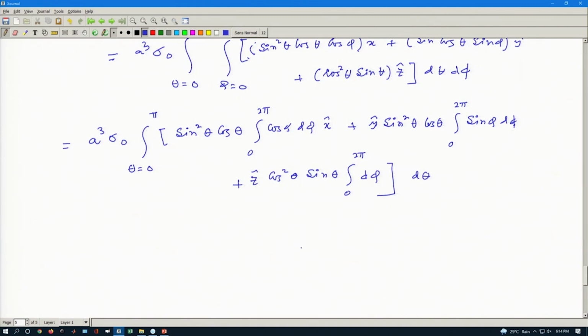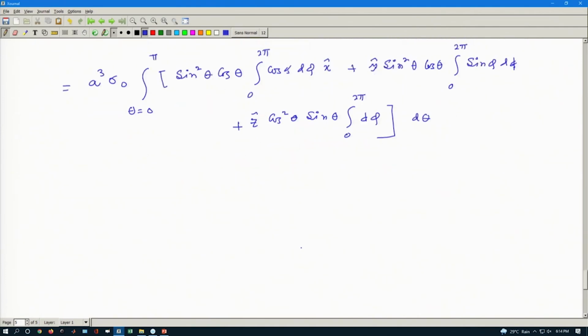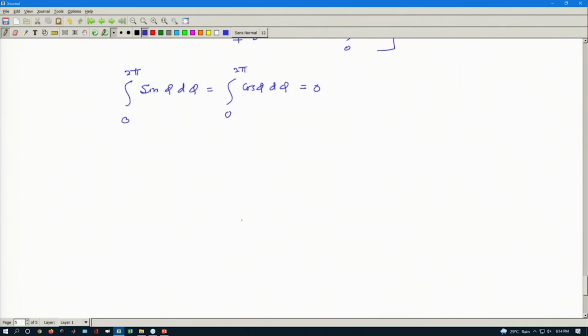Okay, so you can see that many terms are going to vanish here, because integration 0 to 2 pi of sin phi d phi and integration 0 to 2 pi of cos phi d phi, these two should vanish. Then the only remaining term is this.